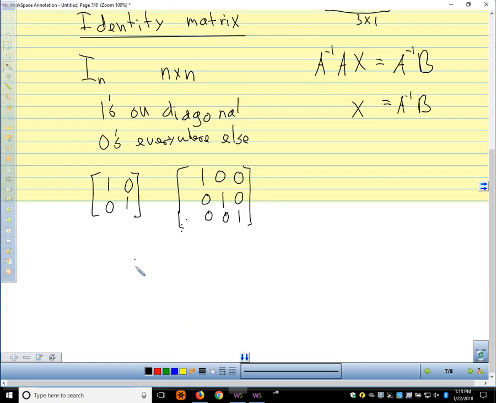So I, the identity matrix, times any matrix is the same as the matrix times the identity matrix, which is just the matrix itself. So it's like multiplying a number or anything by 1.